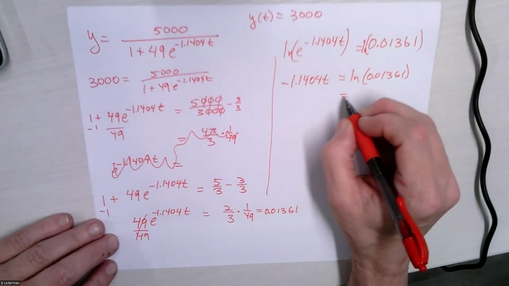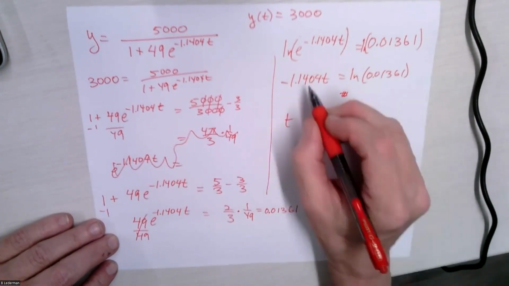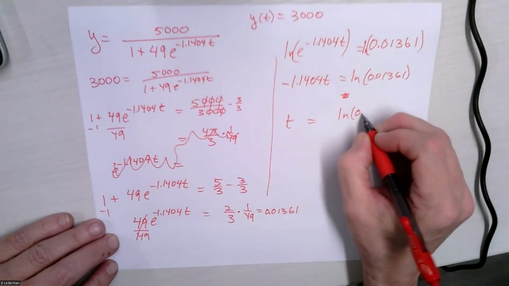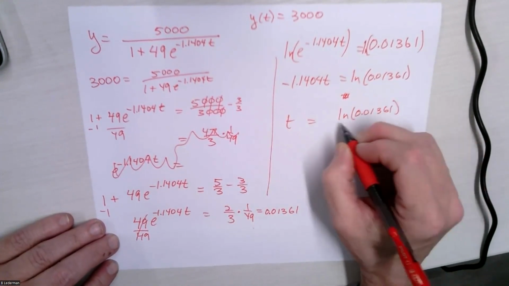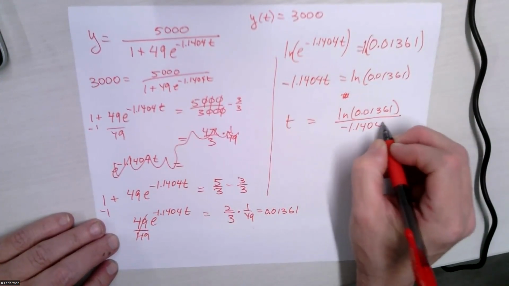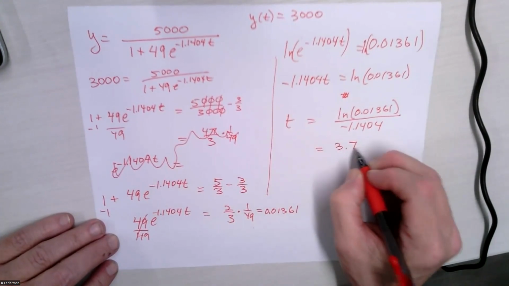So t is going to be equal to ln of 0.01361 divided by negative 1.1404, and that's equal to roughly 3.77.